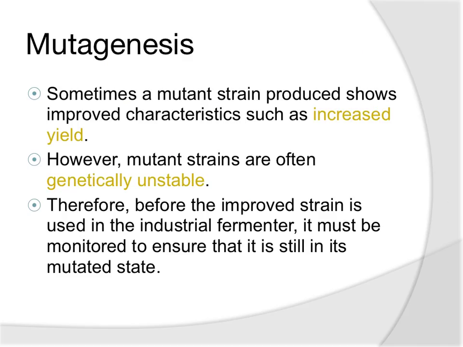Now, ideally what you're wanting to do is get some sort of improved characteristic there, such as some increased yield. However, sometimes mutant strains are genetically unstable. You are, after all, shining a whole lot of UV light onto them. So this improved strain that you've got has to be monitored to ensure that it's still in its mutated state.